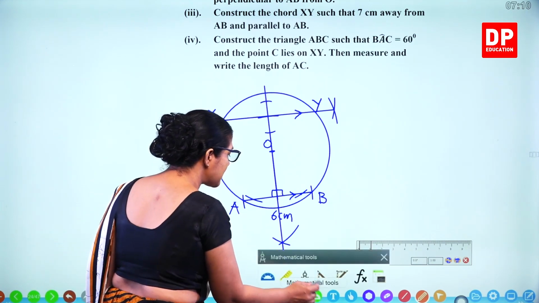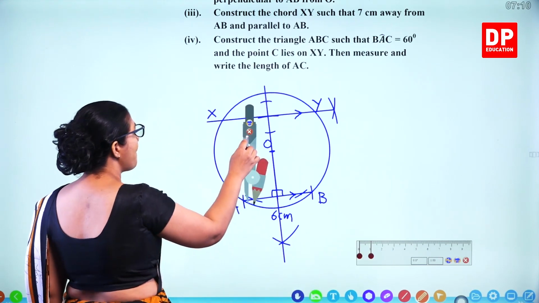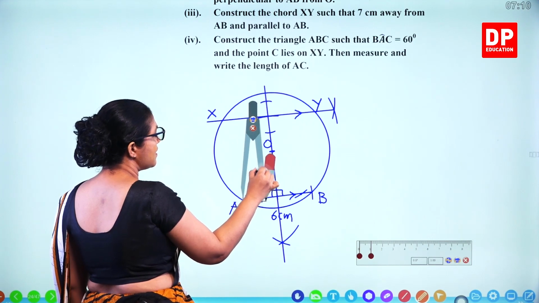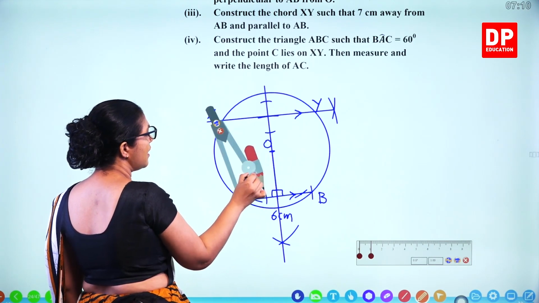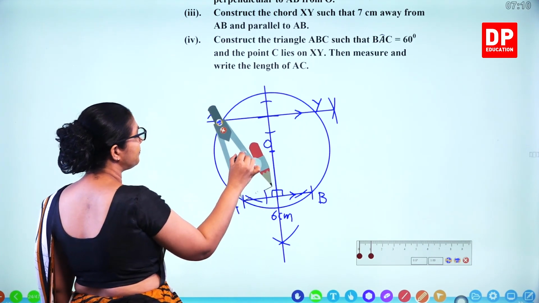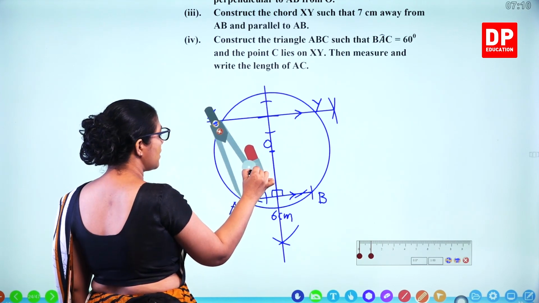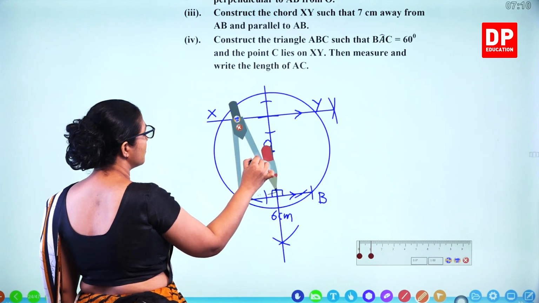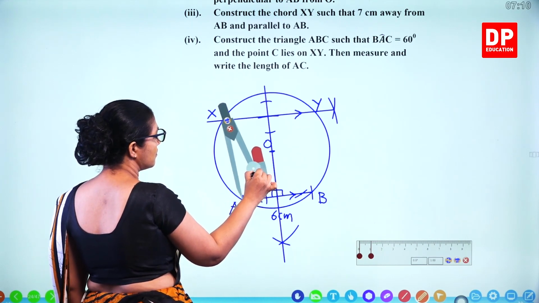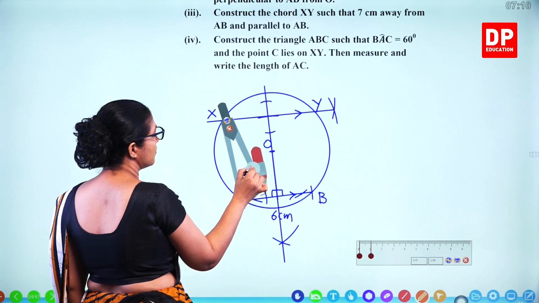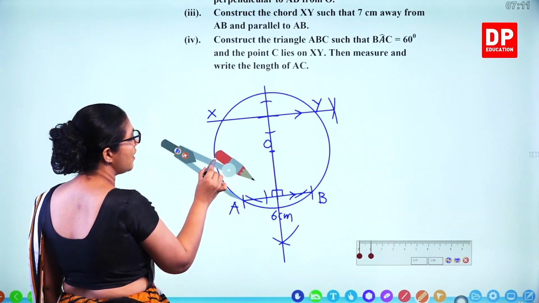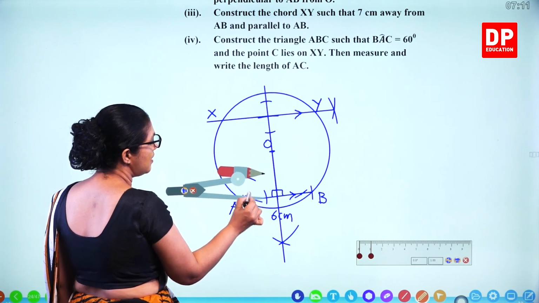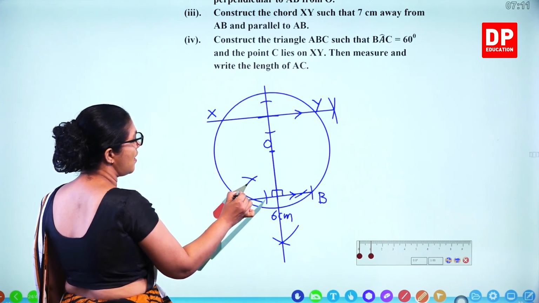You have to construct a 60-degree angle at A. Take any small distance and draw an arc here, then take the same distance, keep it here and draw the other arc.